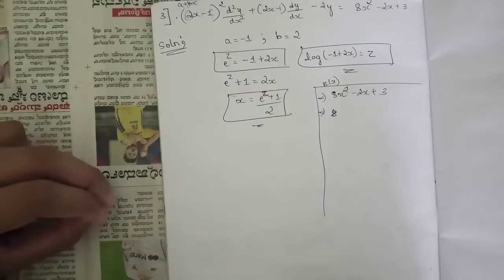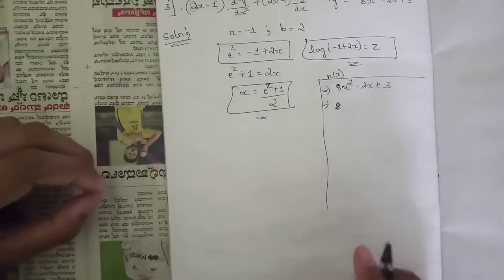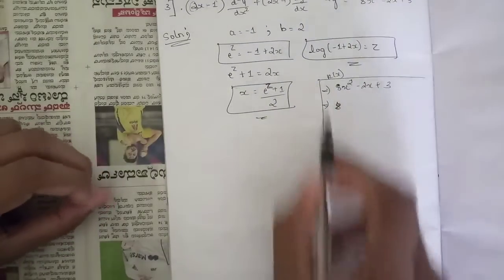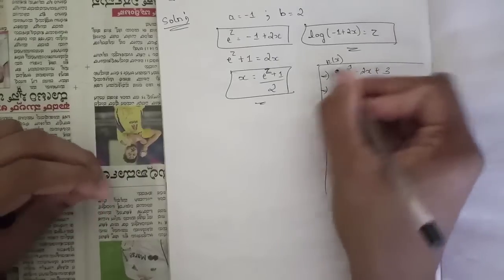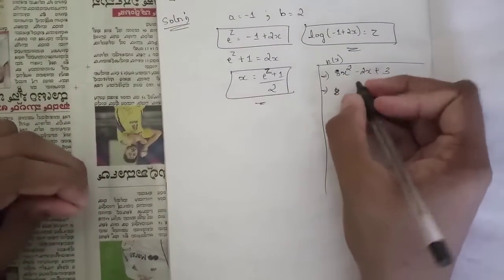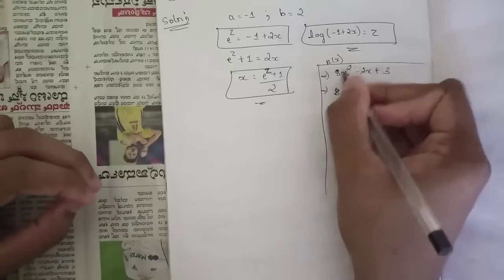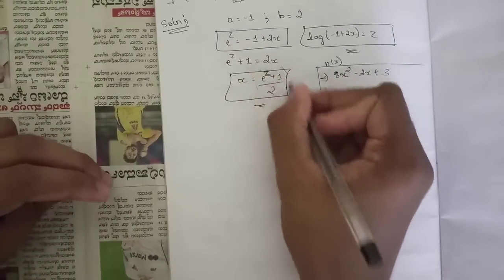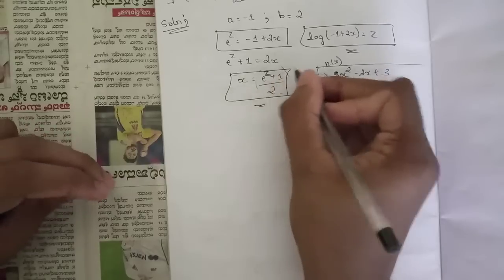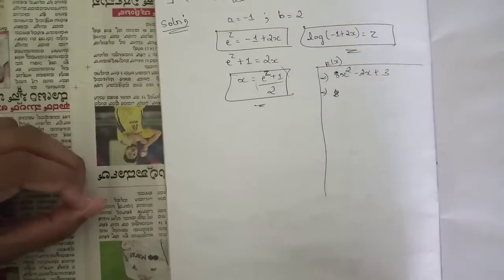Let's make one step clear, this is not a division, I've just put it in a box to solve. We can split this 8x square, since this is x square. If you put the value of x as e power z plus 1 by 2 the whole square, that would be a difficult one to solve.